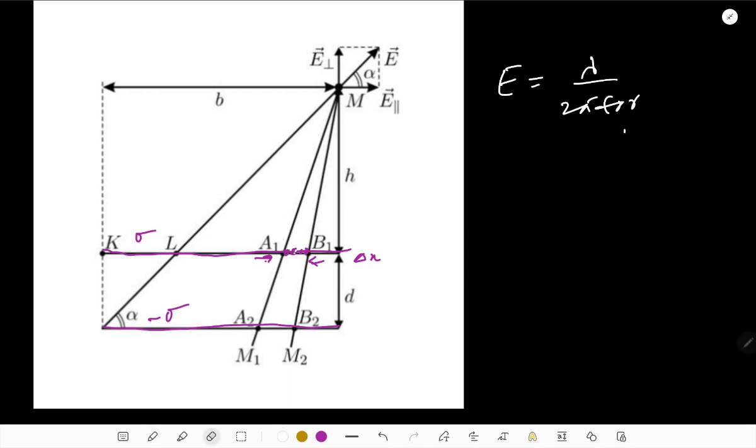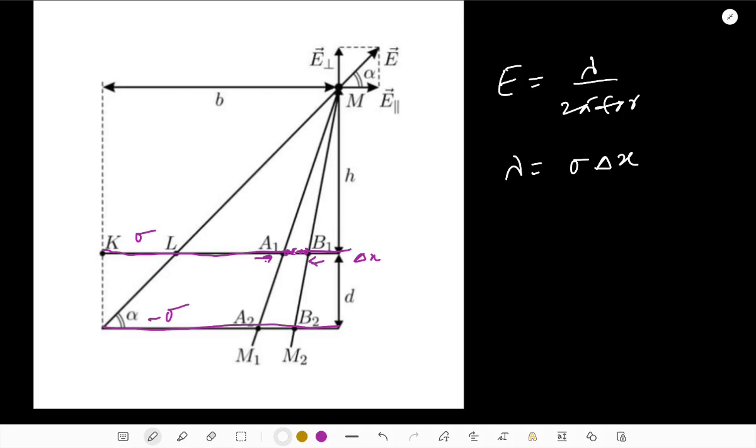So I'm going to relate first the charge per unit length lambda with the charge per unit area density, simply writing this. Lambda will be equal to sigma delta x. Delta x is of course the width of this narrow strip, you can see here.